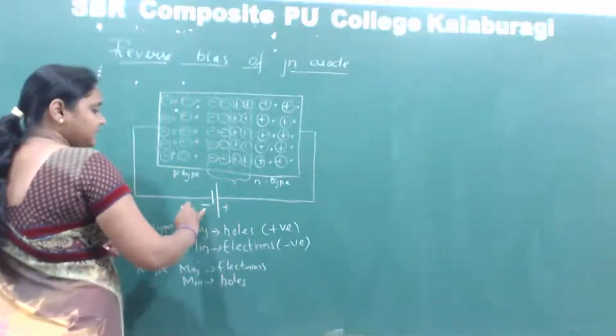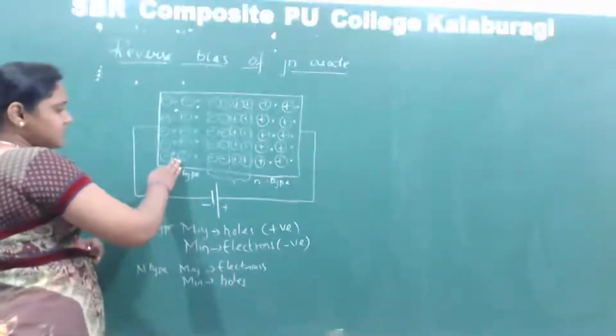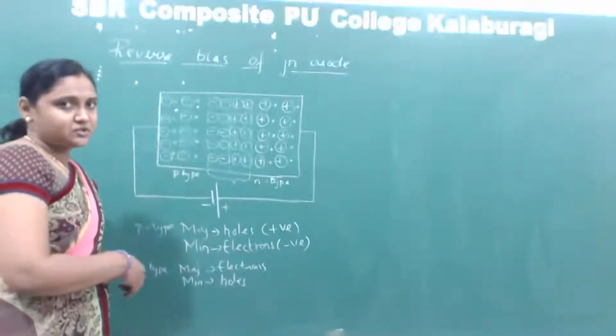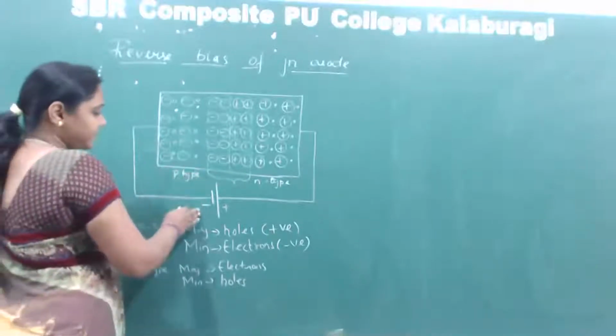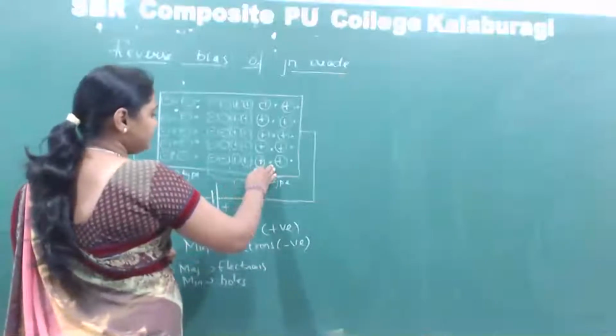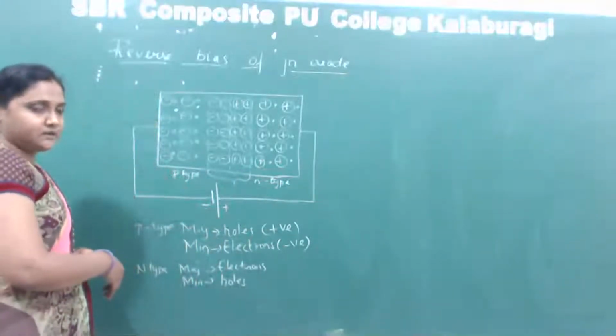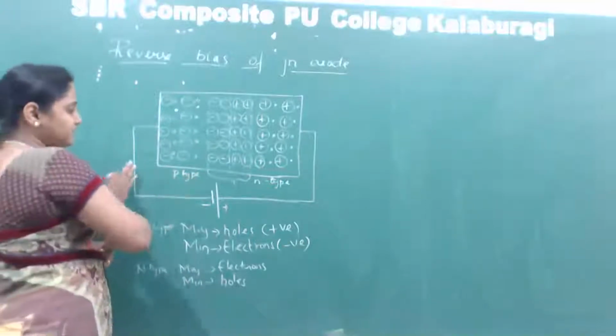So the battery is having what? Negative charge. Negative charge is going to attract the positive charges. So all the holes will be attracted by the negative terminal of the battery. Likewise, all the electrons are attracted towards the positive terminal of the battery. In the case of our previous example, they were repelled.